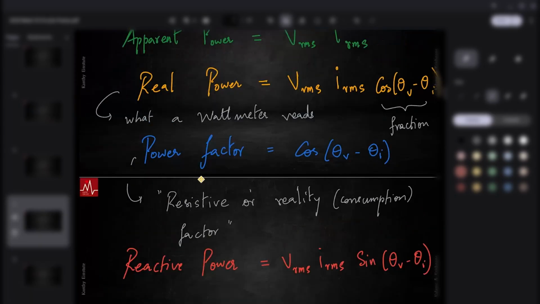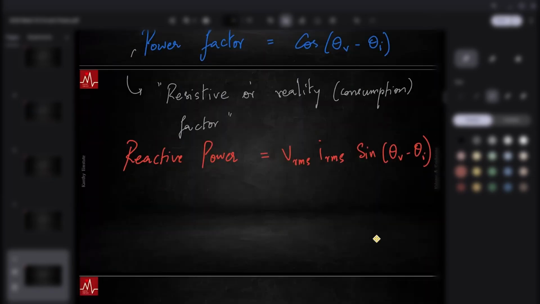In fact, if you apply Pythagoras theorem, real power squared plus reactive power squared gives you apparent power squared, right? VRMS squared IRMS squared, because cos squared theta and sin squared theta will be 1. So this simplifies your life if you consider this term.